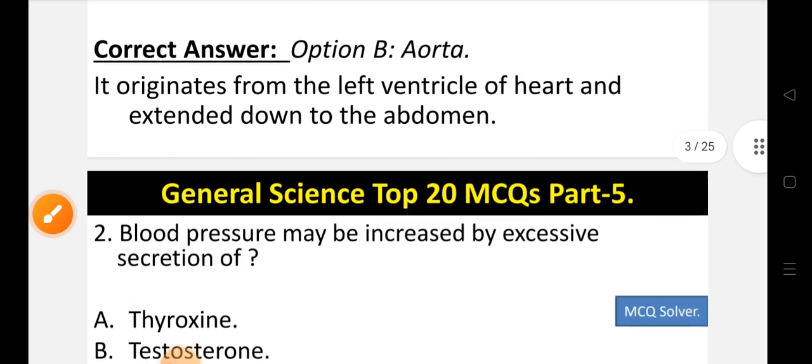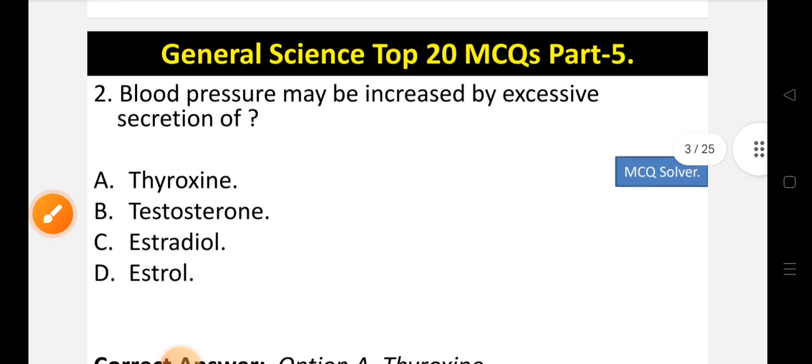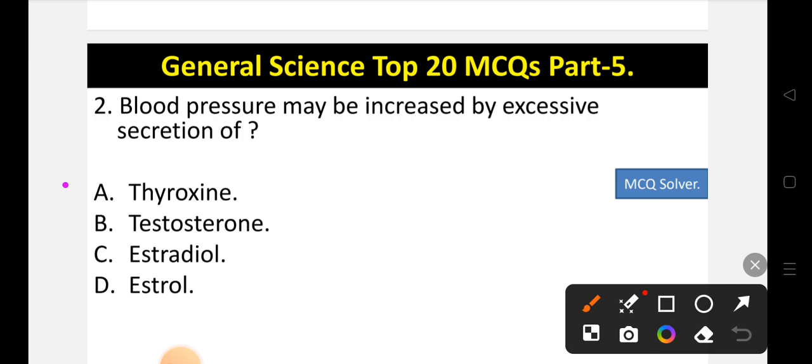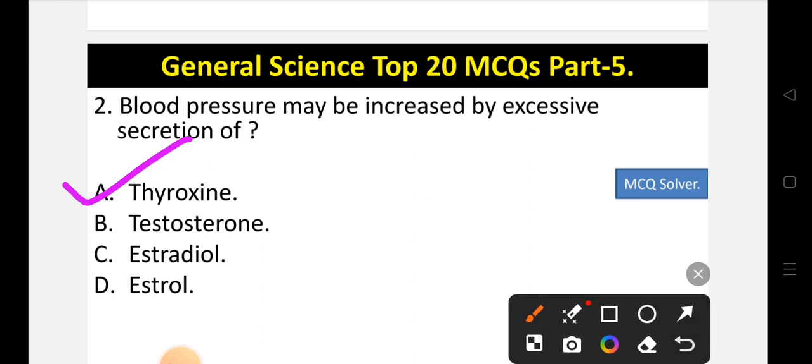Now let's move to question number 2. Blood pressure may be increased by excessive secretion of. The correct option is option A, that is thyroxine. Thyroxine is a hormone released by the thyroid gland, and with excessive secretion of thyroxine, blood pressure may be increased.